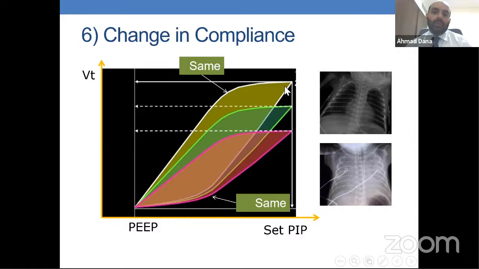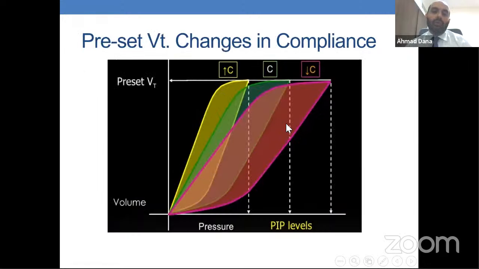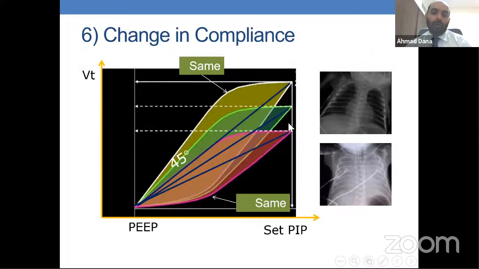Now, what is the importance of understanding this? So this is how it looks like. Now, if you put a VG, volume guarantee, so this is the importance here. If you put a volume guarantee, there will be some auto weaning. Why?